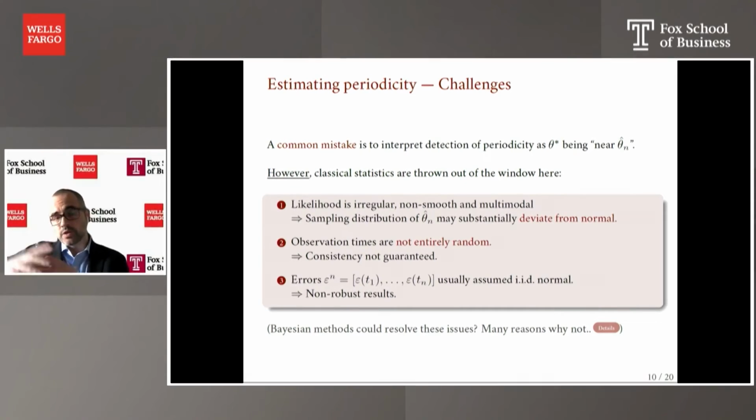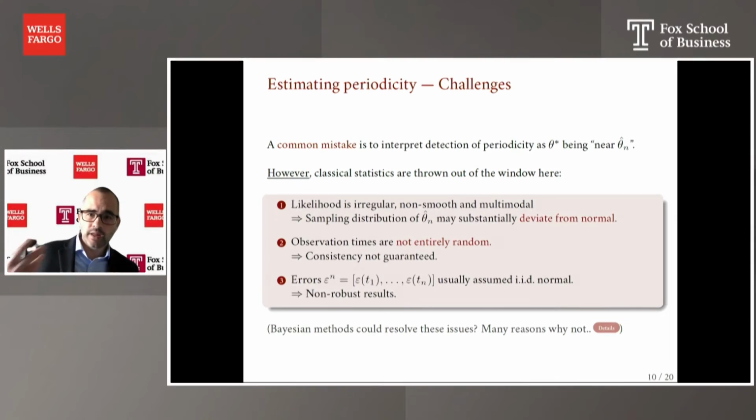But here, this is not guaranteed because our observation times are not IID; they're not random. They might be completely deterministic. So that's a big problem, because we're not guaranteed to have even a consistent estimator.